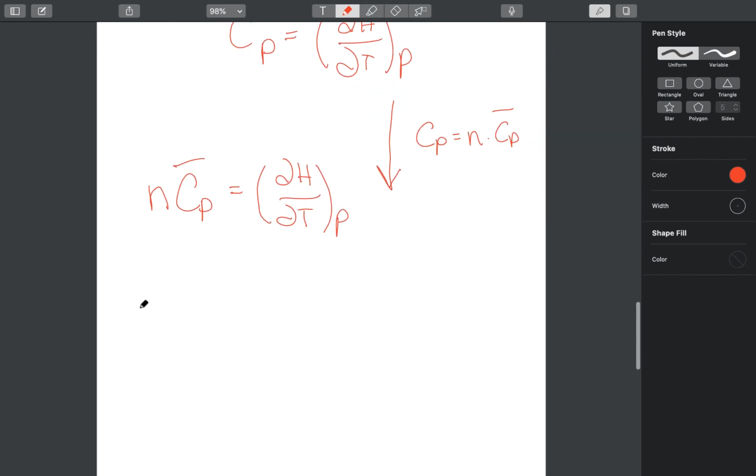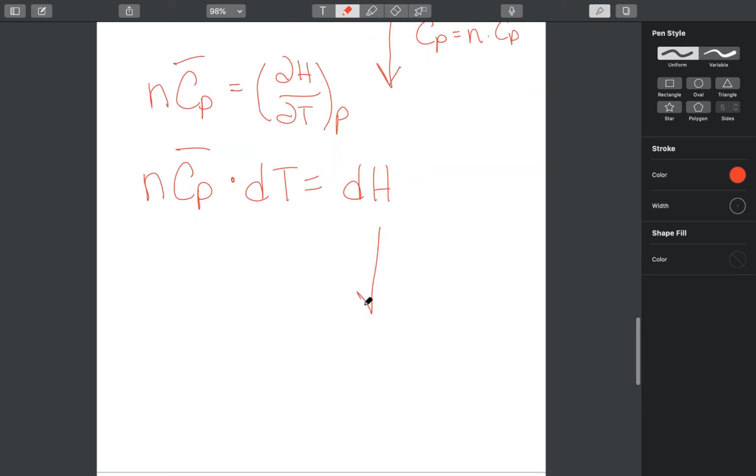Now we're going to solve for dH, so n Cp bar times dT is equal to dH. Now we're going to assume that Cp is constant. Cp is sometimes not a constant, however in general chemistry it is, usually. So when we integrate it, we can take it out of the integral.